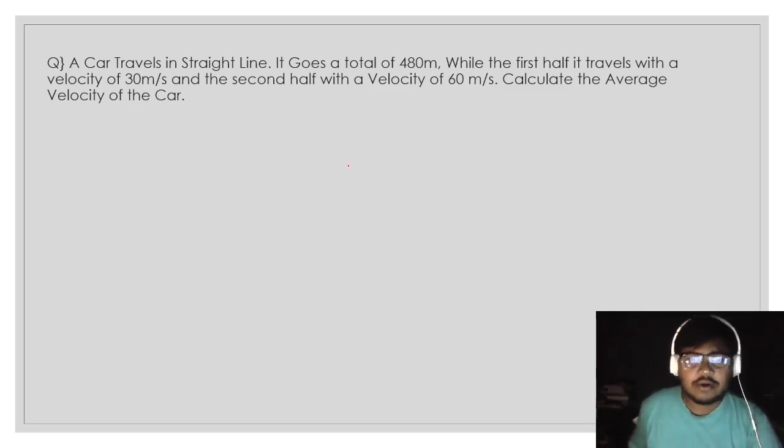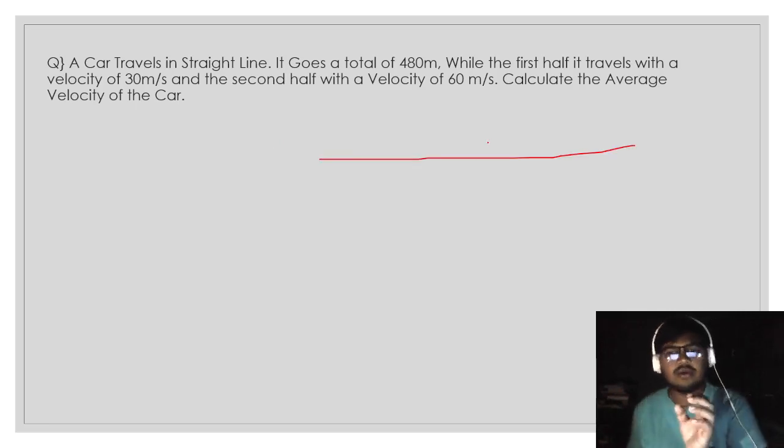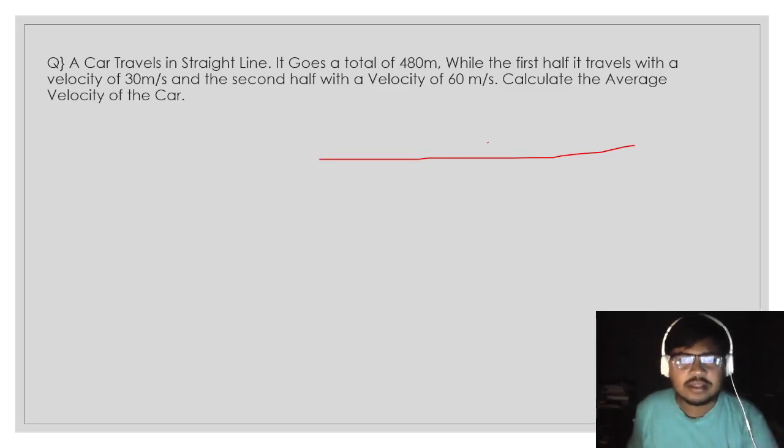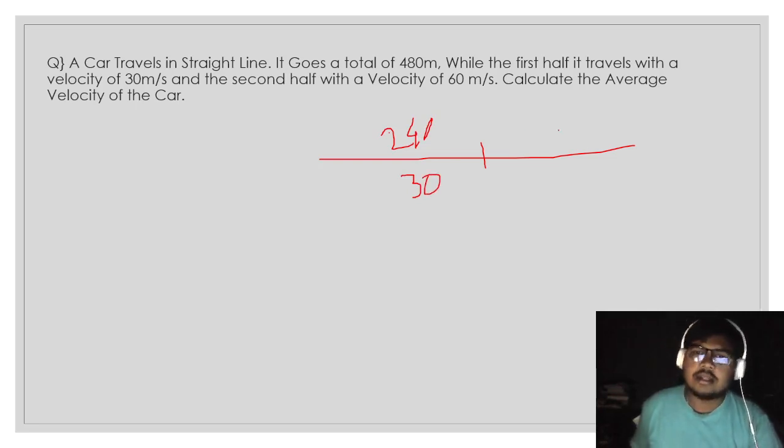Any ordinary person who doesn't have the idea of average velocity would see that the car travels the first half, meaning 240 meters, at 30 meters per second, and the second 240 meters at 60 meters per second.